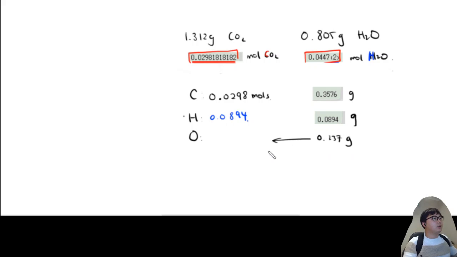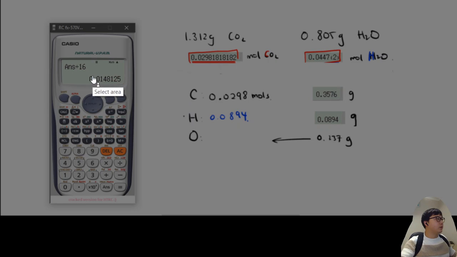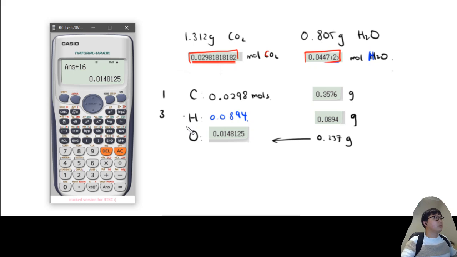And then you calculate the number of moles divided by 16, okay? Then you get 0.014. And let's calculate the ratio of them. Then this is a 1, 3. Okay, so this is about 3, this is about 9, so it's 1, 3.